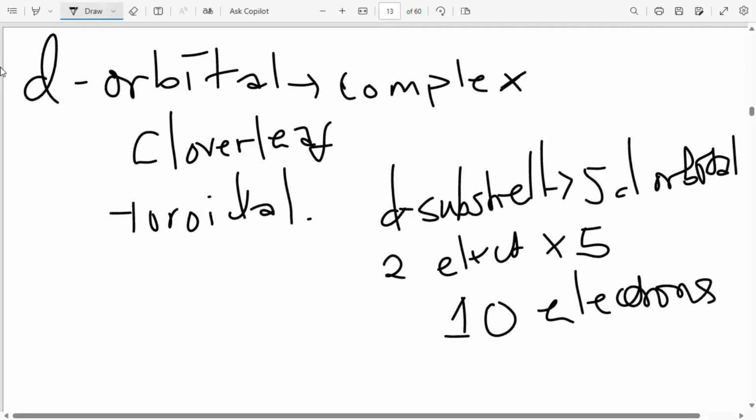These are very important when we talk about the chemistry of transition metals, because they are found mostly in the transition metals of the periodic table, influencing their unique bonding characteristics, sometimes even their magnetic properties and their catalytic activities. So that's all I can tell you about d orbitals.